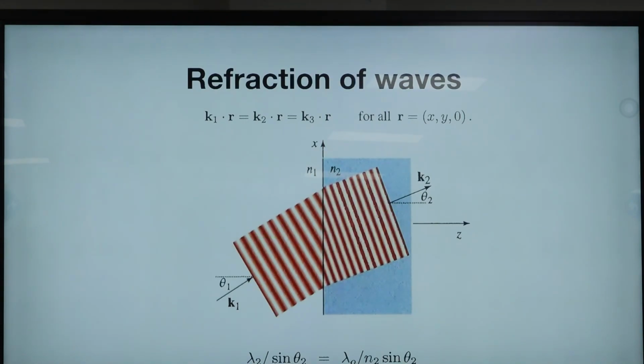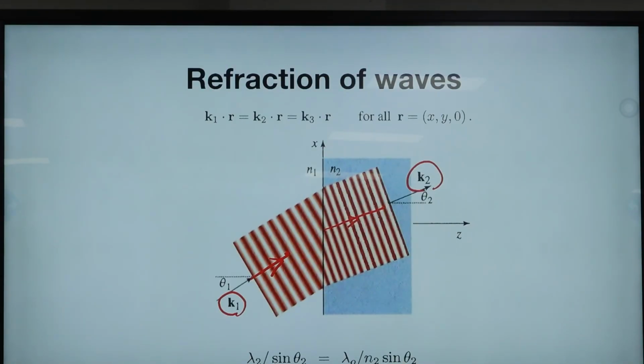Initially there was a direction vector k1 in which the wave was traveling, which is perpendicular to the wavefront. So k1 is the direction vector of the incidence. The direction vector after refraction is k2. The direction vector became k2 from k1.